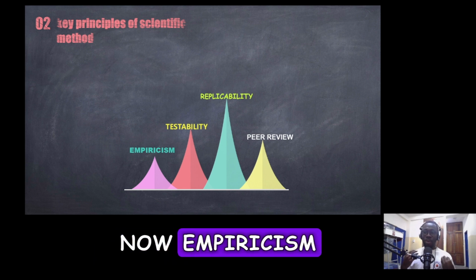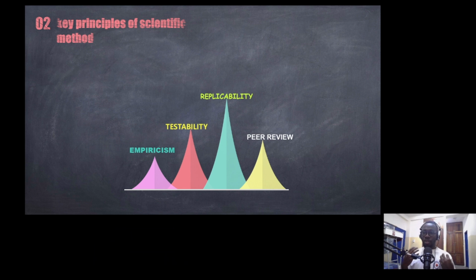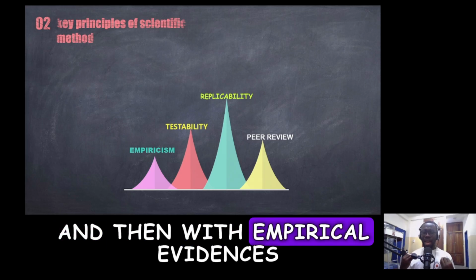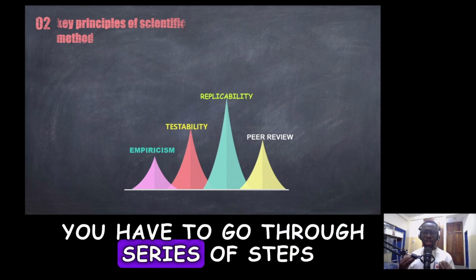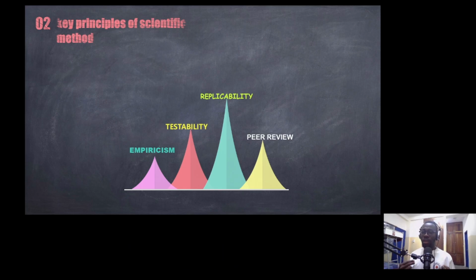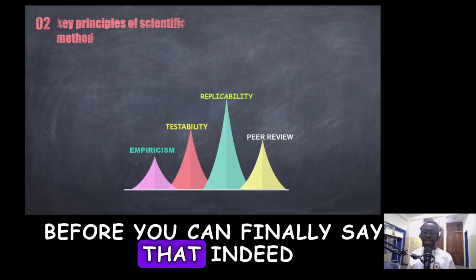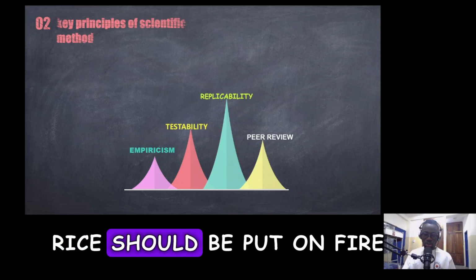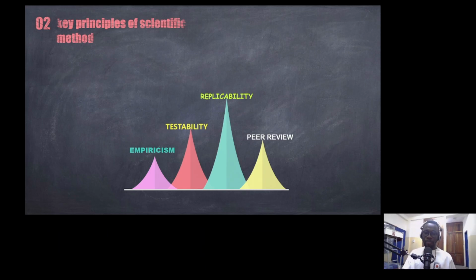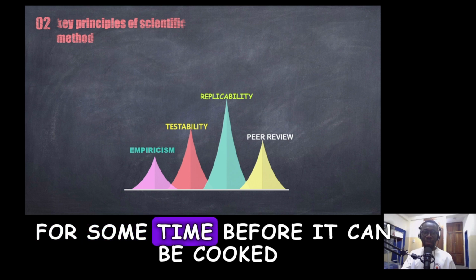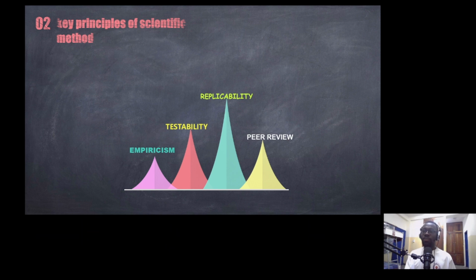Now, empiricism means relying on empirical evidence. With empirical evidence, you have to go through a series of steps before you can finally say that indeed rice should be put on fire, and the water has to be boiled, and then the rice has to be placed in the boiled water for some time before it can be cooked.